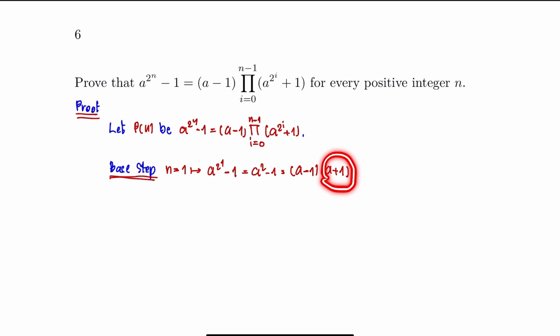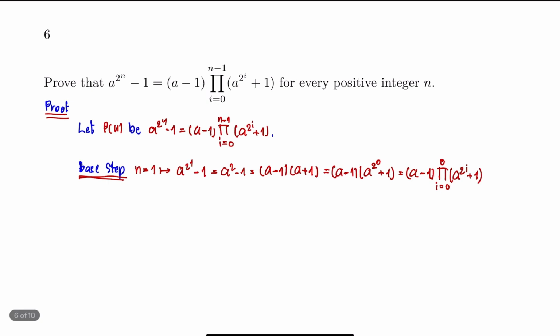And what is this one right here? This term is similar to this term, but for this, a is going to be a to the 2 raised to the 0 plus 1, which is a minus 1, and the product from i equal to 0 to 0 of a to the 2 to the i plus 1.